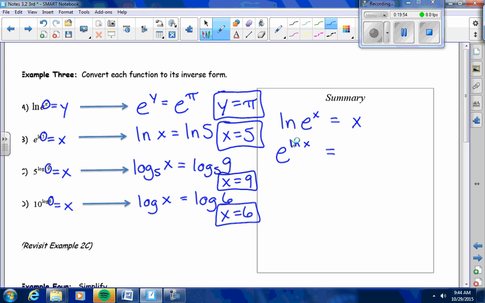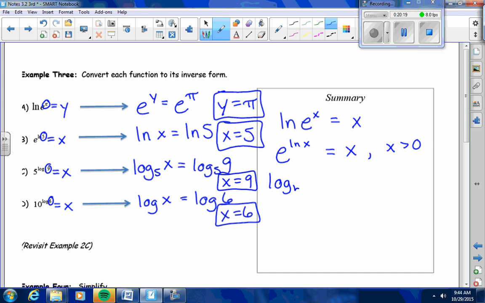E raised to the power of natural log of whatever is going to equal the whatever, x. Now in this case, where you have natural log of x, x has to be greater than 0. You cannot take the natural log of 0, and you cannot take the natural log of a negative number. Okay? So let's look at the next one.